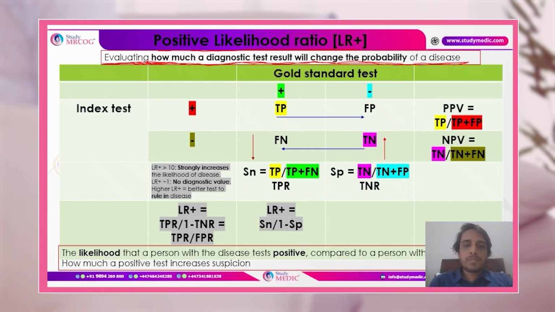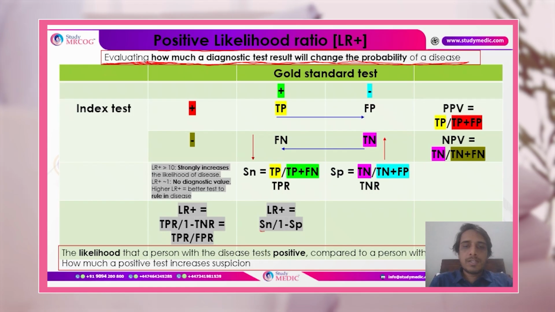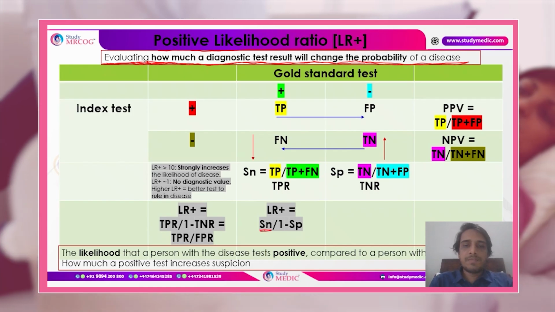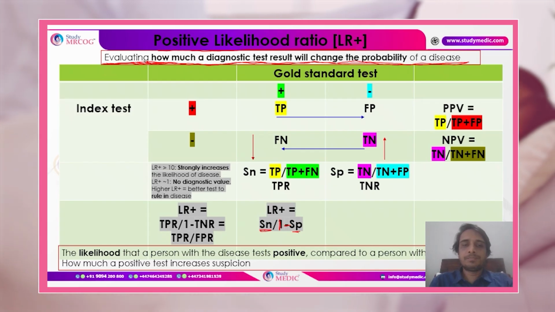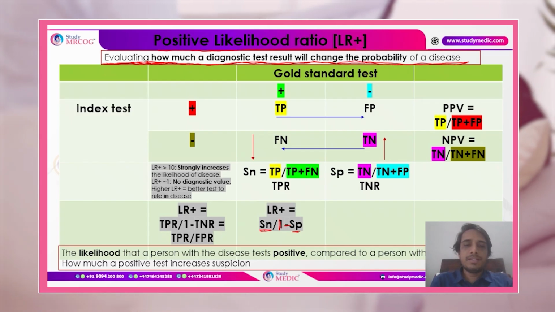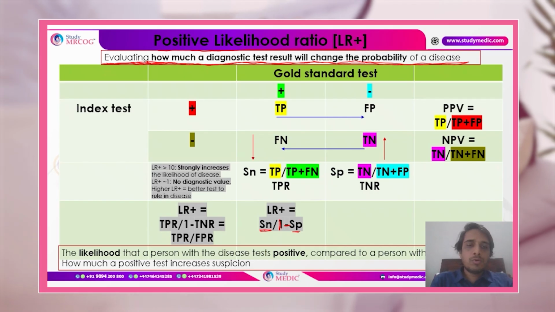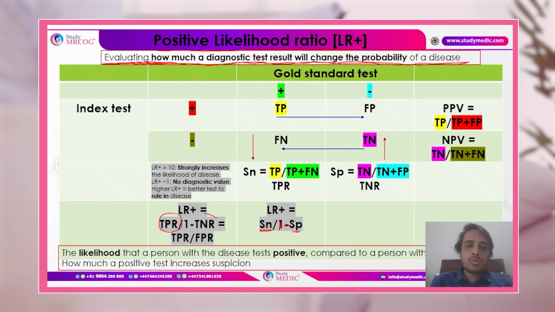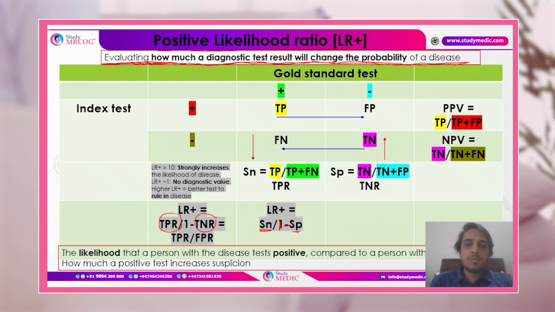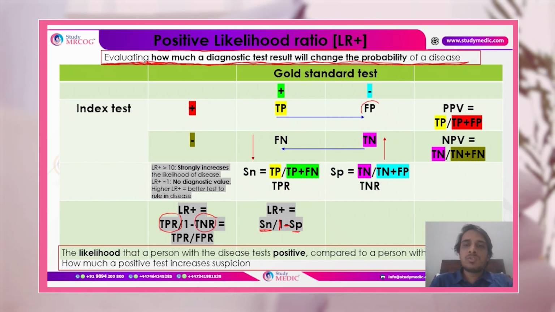Here you write sensitivity and specificity, but instead you do 1 minus specificity. Sensitivity is nothing but the true positive rate, and specificity is the true negative rate. 1 minus the true negative rate is nothing but the false positive rate.